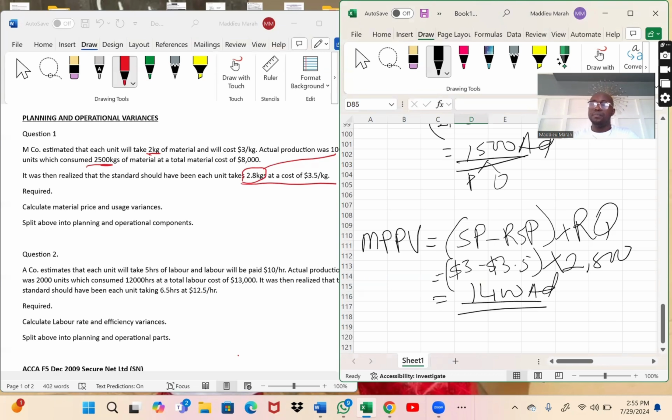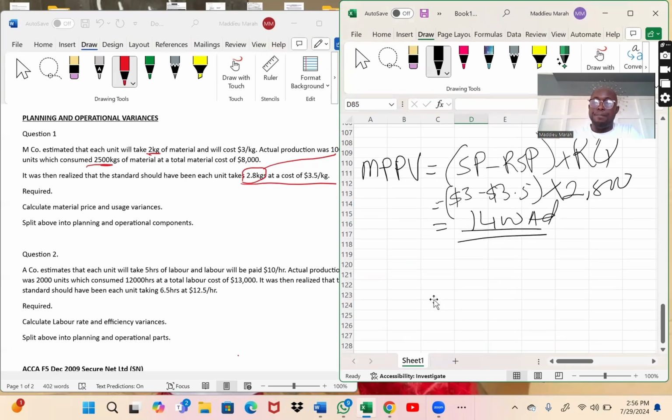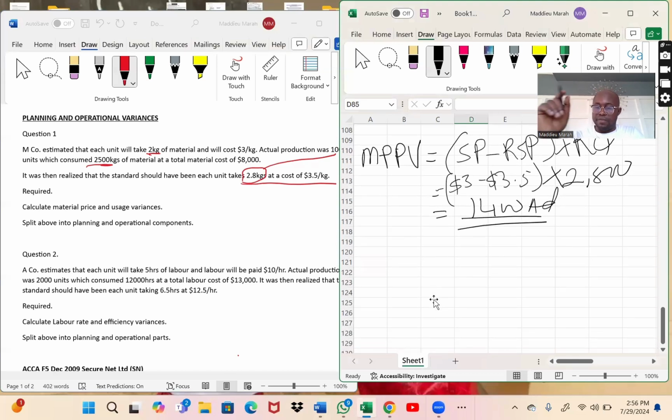Good. Now, what's our material price operational variance? Let's do the price variances and we'll move to the usage variances.